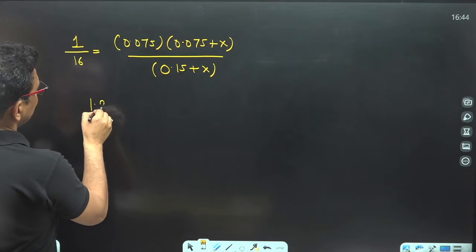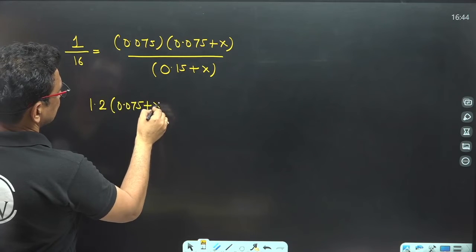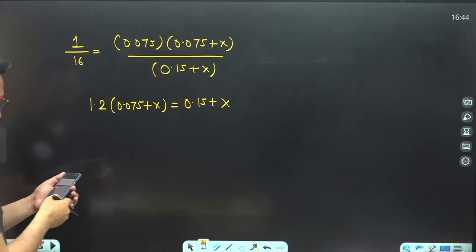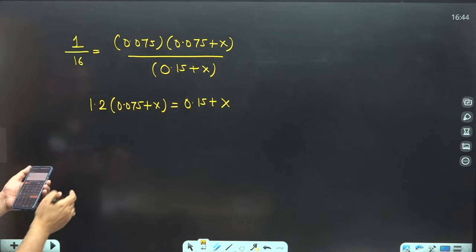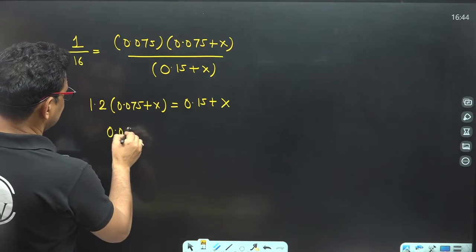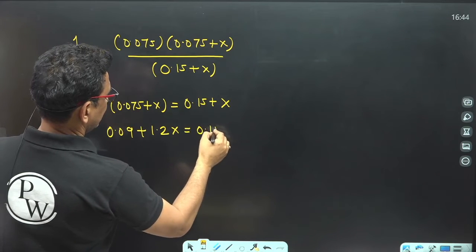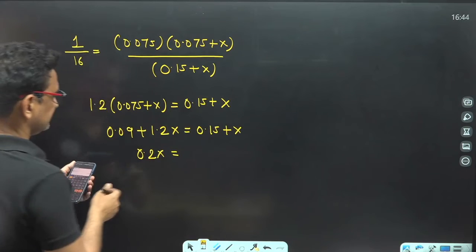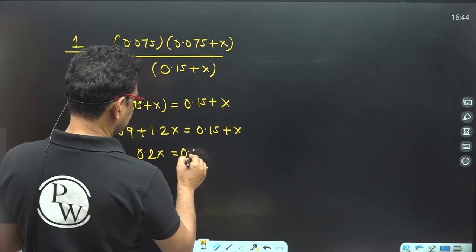So 1.2 into (0.15 plus X) equals 0.075 plus X. That gives 0.09 plus 1.2X equals 0.075 plus... so it is 0.2X equals 0.15 minus 0.09, which is 0.06.